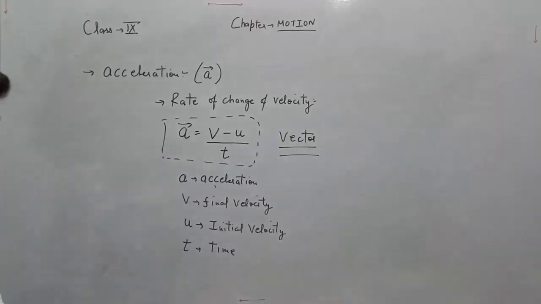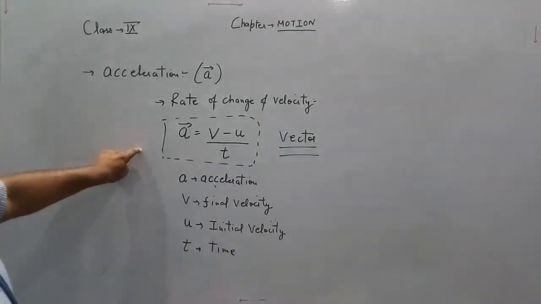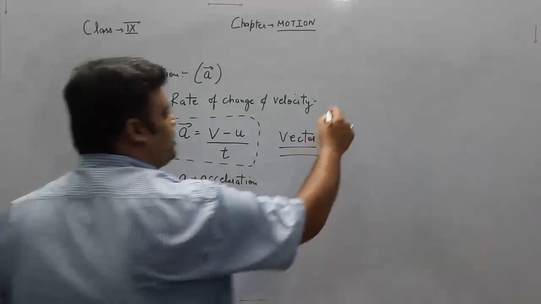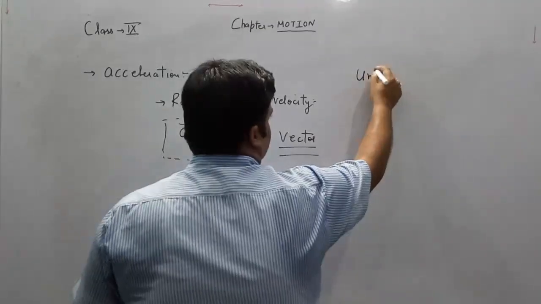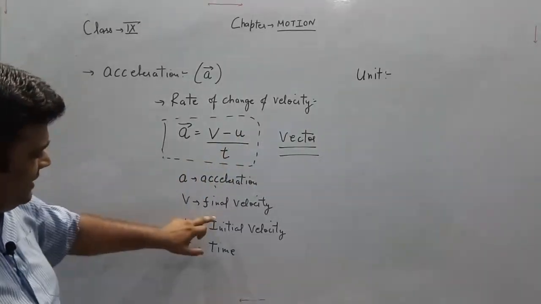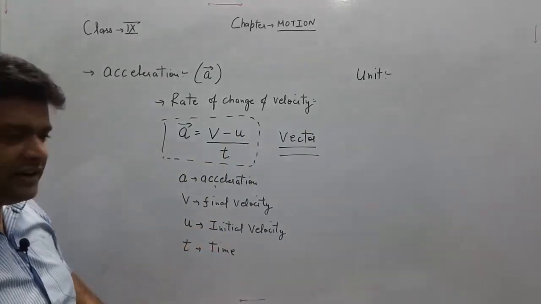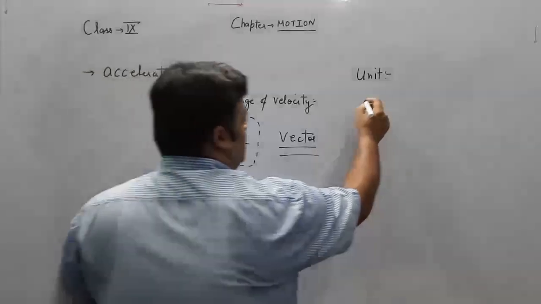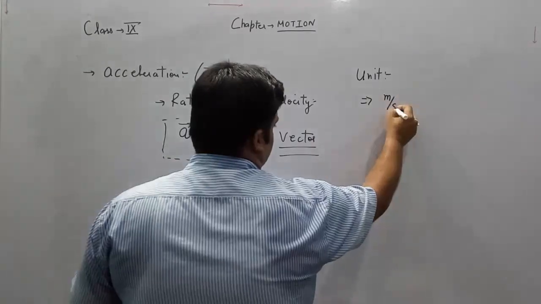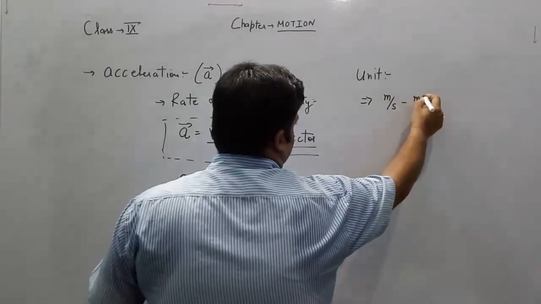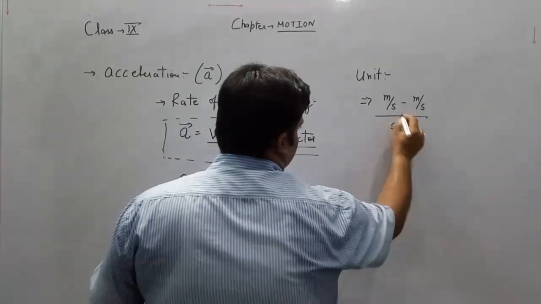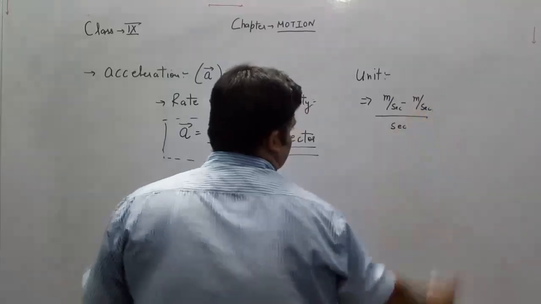Next important topic in acceleration is its unit. What are the units of acceleration? (v minus u) upon t: final velocity minus initial velocity, divided by time. The unit of final velocity is meter per second, minus the unit of initial velocity, also meter per second, divided by the unit for time, which is seconds.